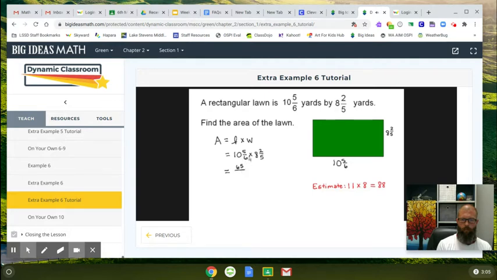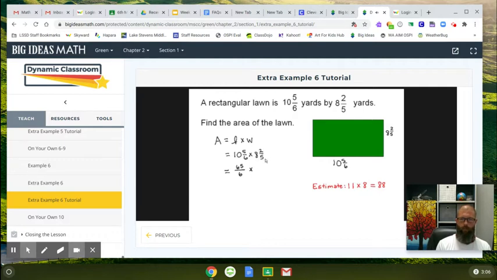Then we multiply, and to write 8 2/5 as an improper fraction, to find the numerator, we multiply 8 times 5, which is 40, and add 2, which is 42. Then, to find the denominator, we keep the denominator in the original fraction.